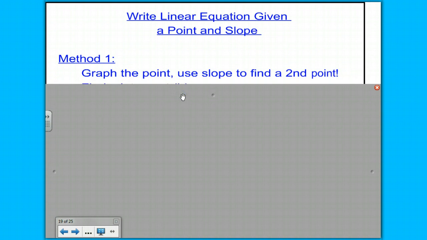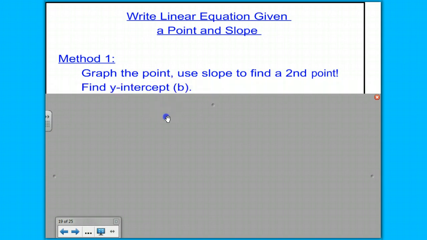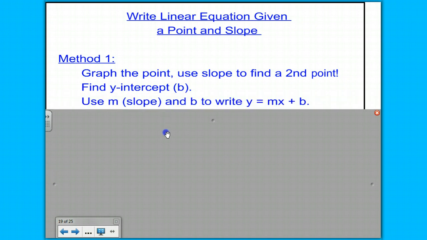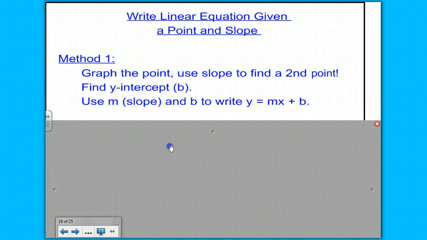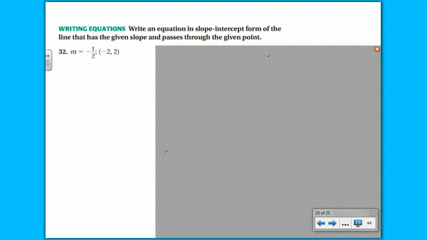As we just said earlier, Jake asked the question, to find a second point, you simply start at the first point and then use your slope to find a second point, okay? And then we'll find the y-intercept and use slope and y-intercept to graph, okay? We're going to try this with simply one problem. You're given 1 point now instead of 2, and you're given slope, okay? So we are going to graph.